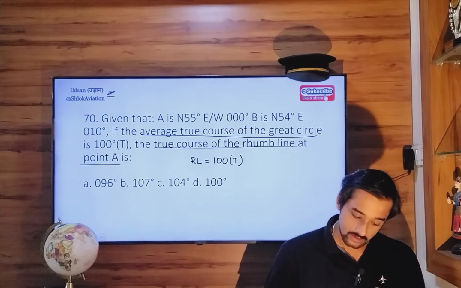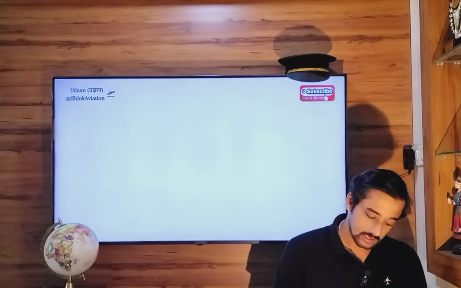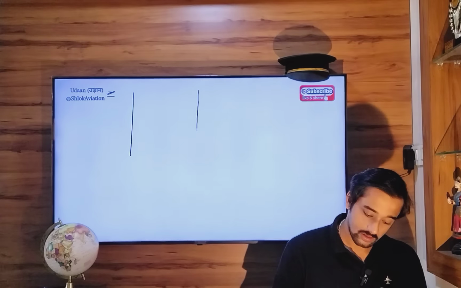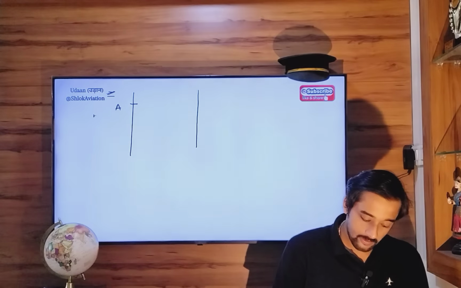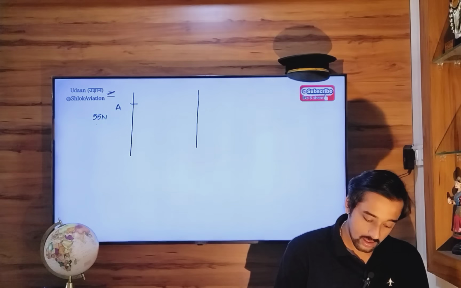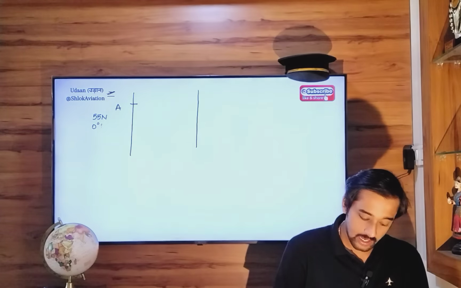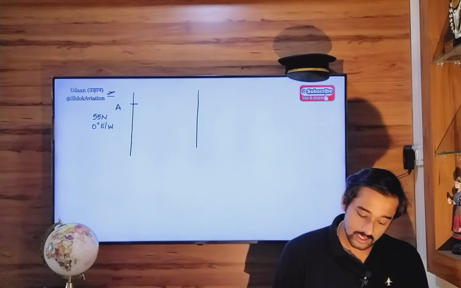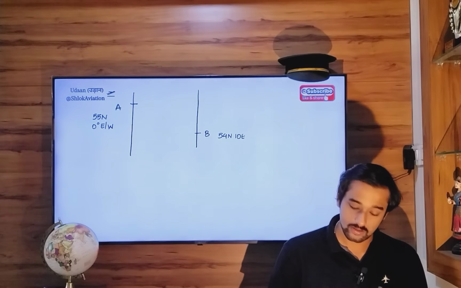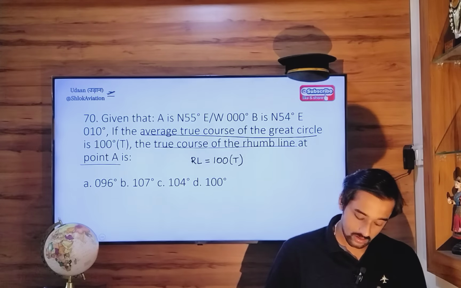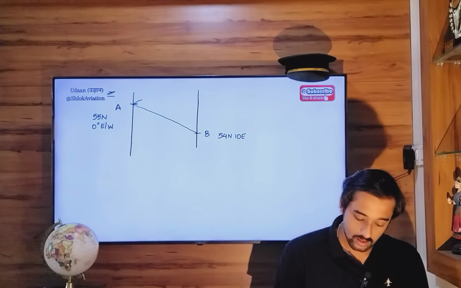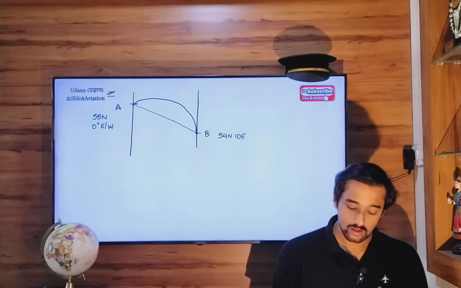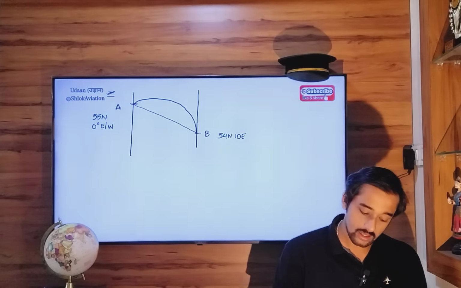So this is your A, 55 north, 0° east west. This is your B, 54 north, 10 east. This is your great circle.